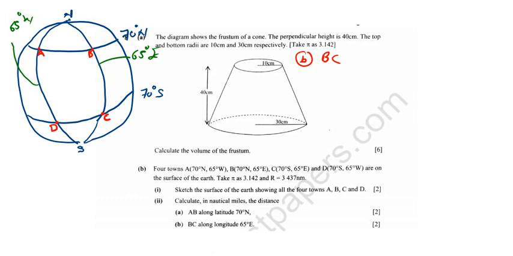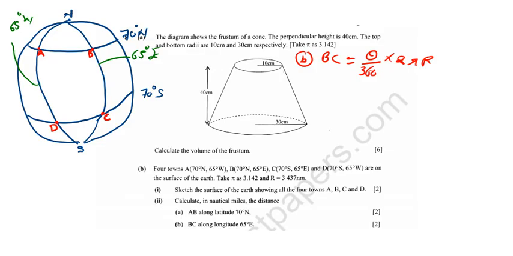So BC, we have B going to C. That one is in the same longitude. So for the distance of points in the same longitude, we use theta over 360 times 2 pi r. For this one, it's just 2 pi r. It doesn't have a cos x.